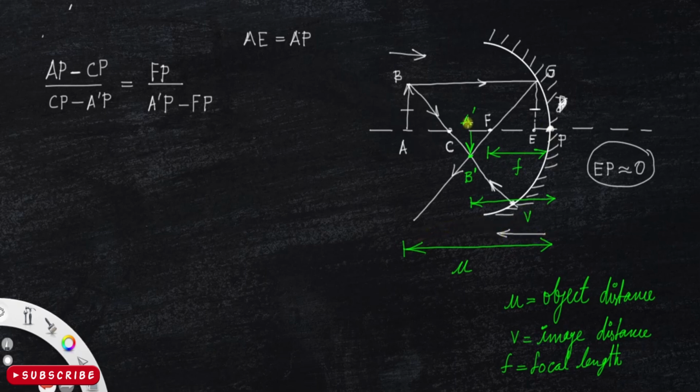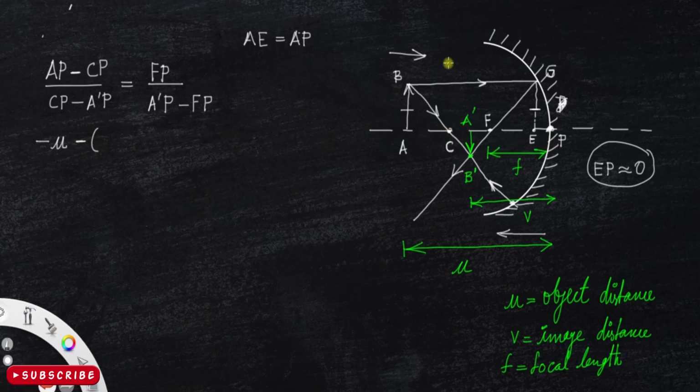So everything opposite to the direction of the light, we have to take as negative, or everything to the left of P, we have to put the negative sign. Anything to the right of P, you can consider as positive. So AP, here AP is our U, but I have to put minus U because it is on the left of P, minus CP.